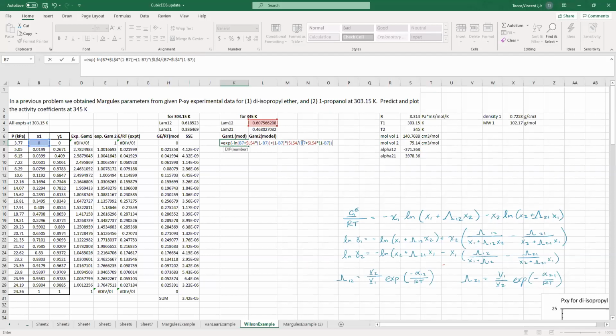So this purple parenthesis is this parenthesis, minus lambda 2, 1 divided by open 1 minus x1 plus lambda 2, 1 times x1. Now close everything. Close that one, close that one.